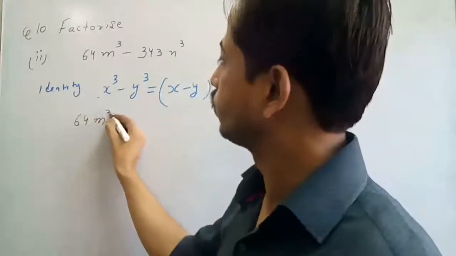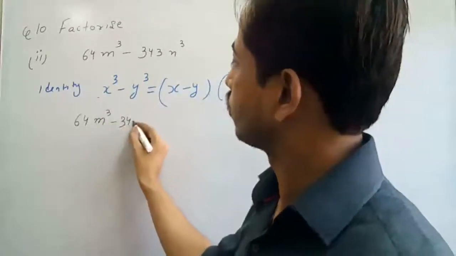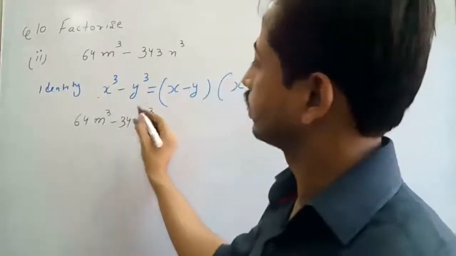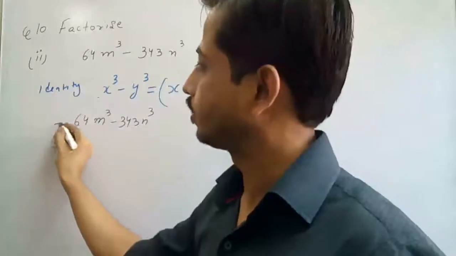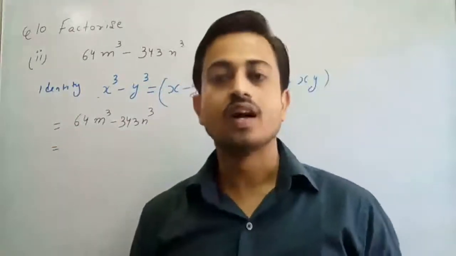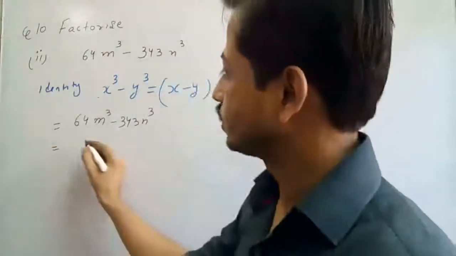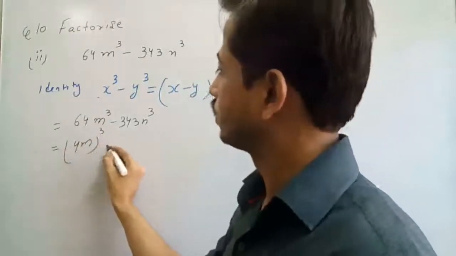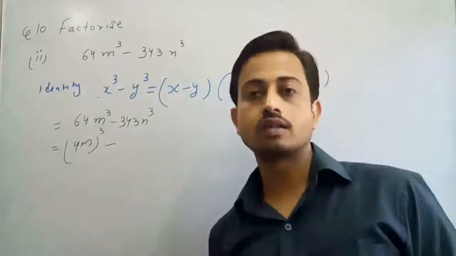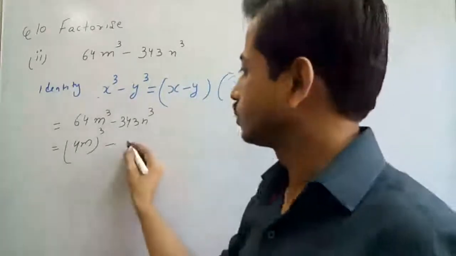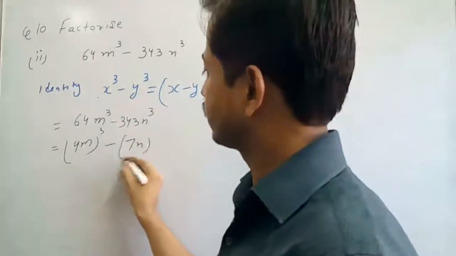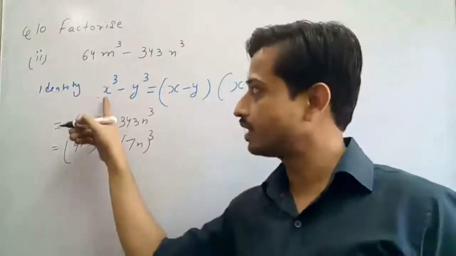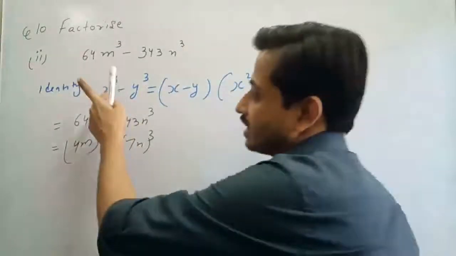So this is 64n cube minus 343n cube, and 64 is the whole cube of 4. So this can be written as (4n) whole cube. Now 343 is the whole cube of 7. So this can be written as (7n) whole cube. Now it matches. x is your first term.